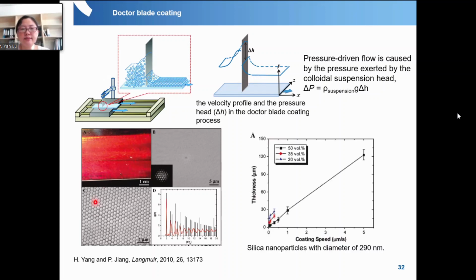You can see from the imaging here, they can form a very homogeneous film based on these colloidal particles. Also, depending on the concentration of the particles, they tried different concentrations of these silica particles, and they can also tune the thickness of these films a little bit.